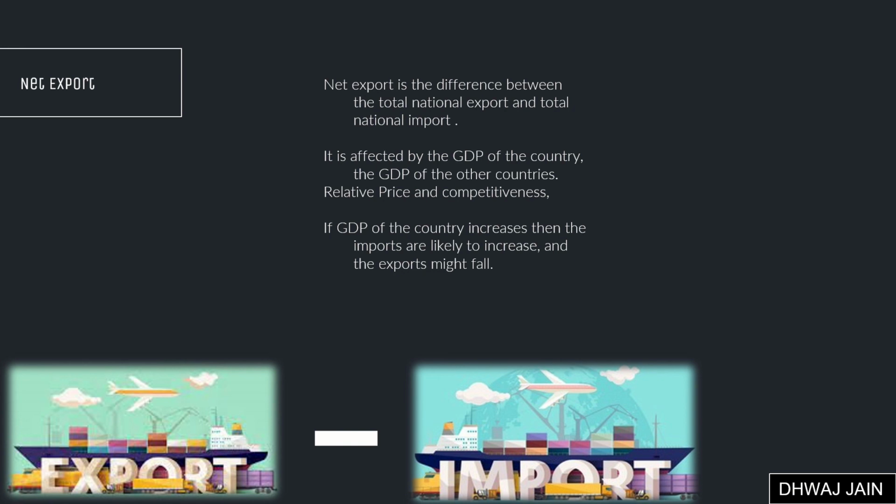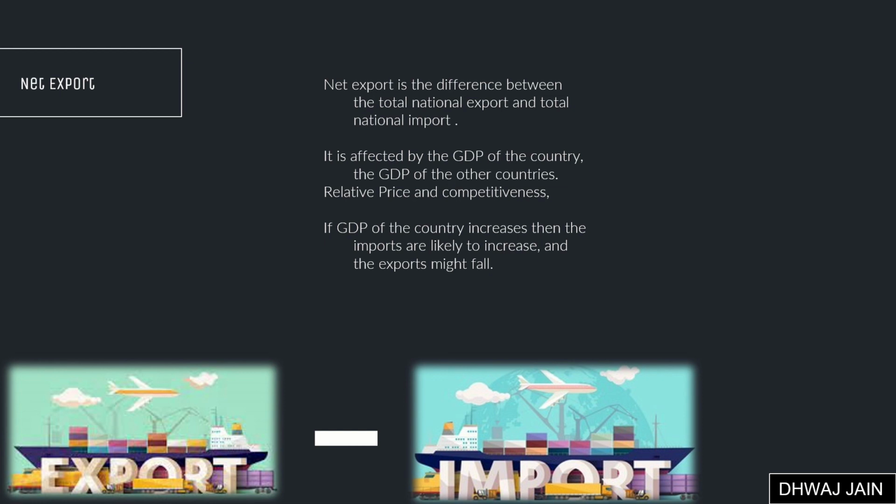Now the GDP of the other country, very simple. In the first case, I was viewing from Malaysia's economic point of view. Now if I'm viewing from China's point of view, I will see that Malaysia's GDP is increasing, so let me export more to Malaysia, people will buy.